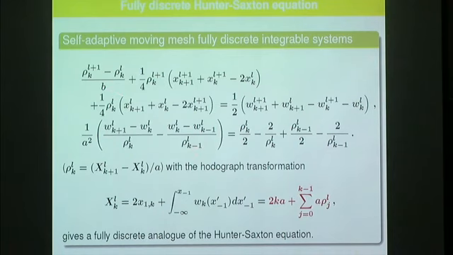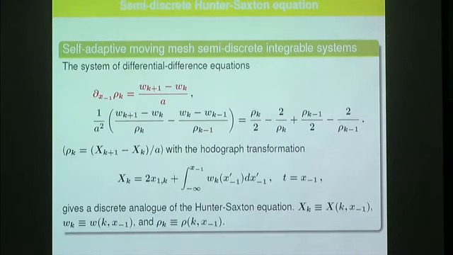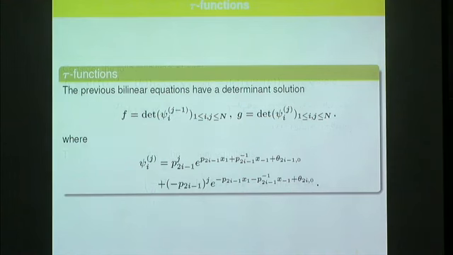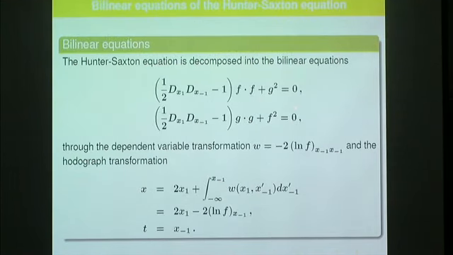Then the problem is, in this case of the Hunter-Saxton equation, the hodograph transformation has an integral about x inverse, but this x inverse is a time variable. So when you discretize space, you don't need to discretize this x inverse.